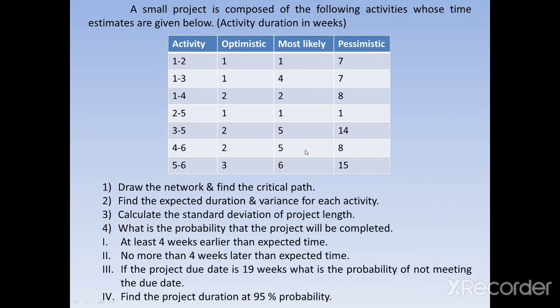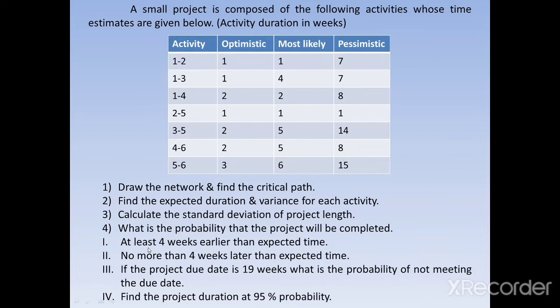So what we have to find: first, draw the network diagram, then find the critical path, find the expected duration and the variance for each activity, calculate the standard deviation of the project length, and find the probability that the project will be completed at least 4 weeks earlier than the expected time.